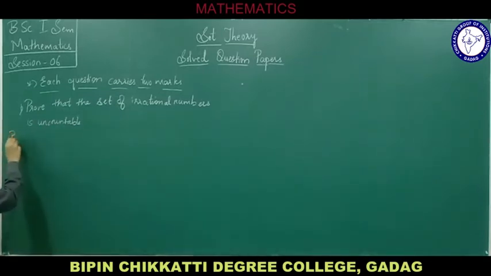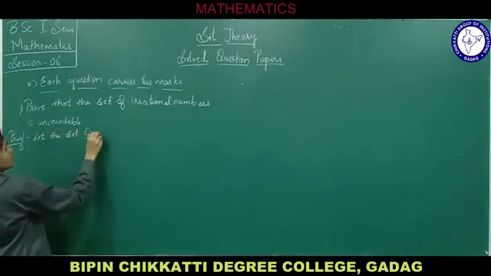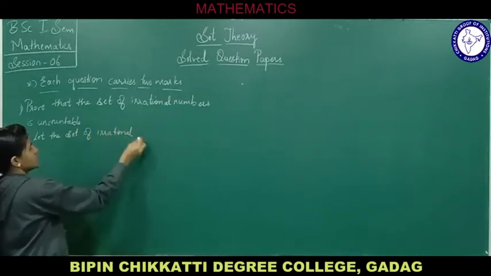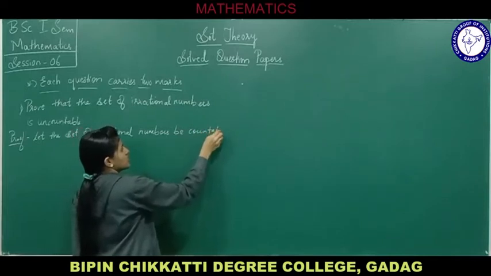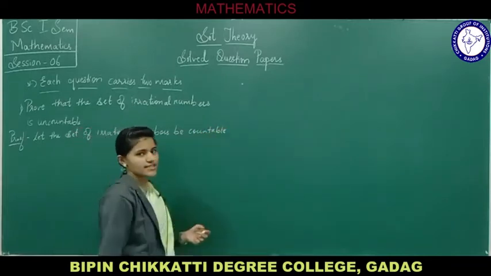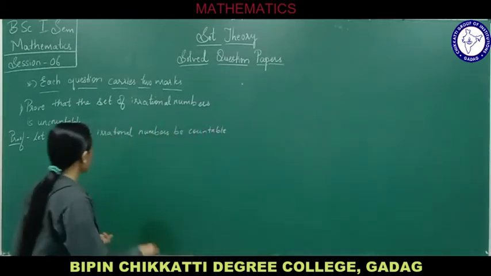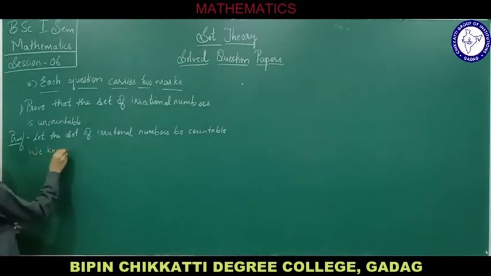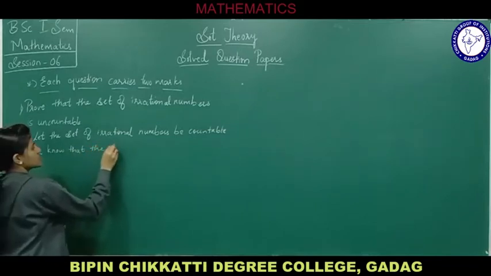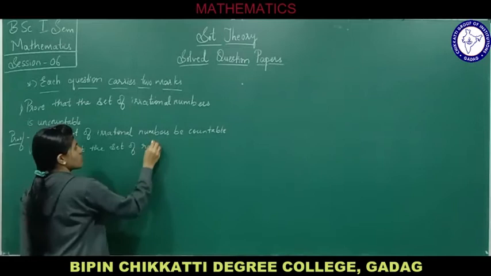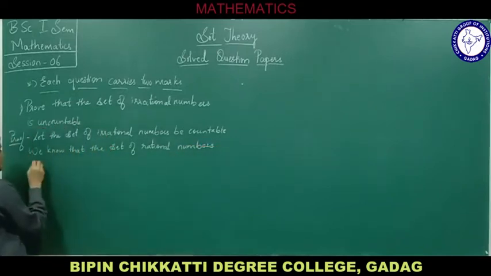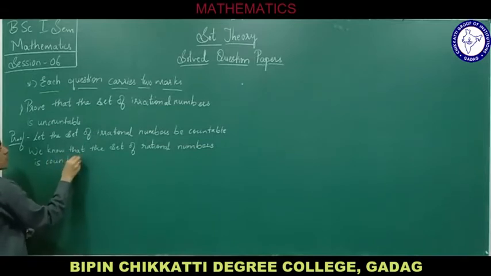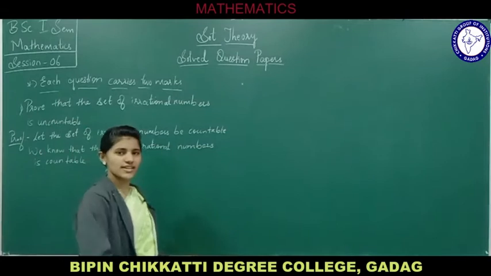Proof: let the set of irrational numbers be countable. We also know that the set of rational numbers is countable, right? We all know this.